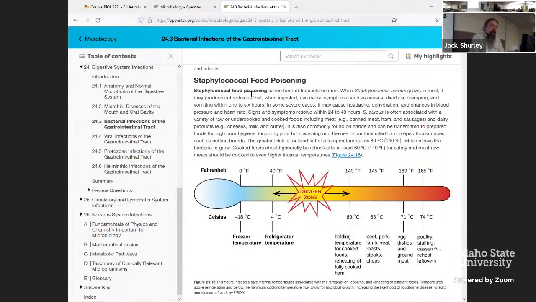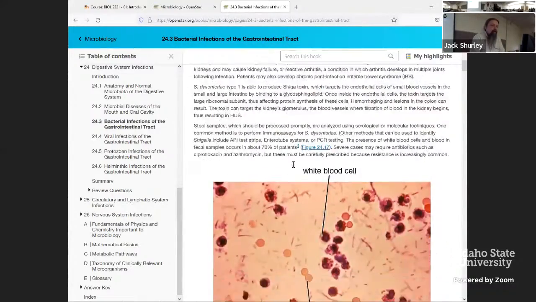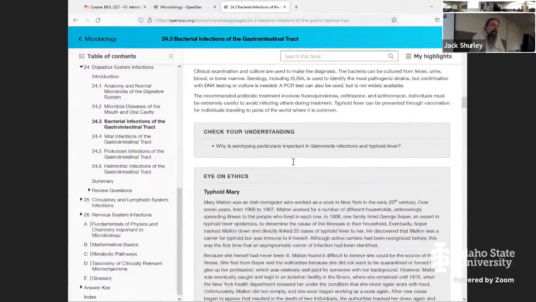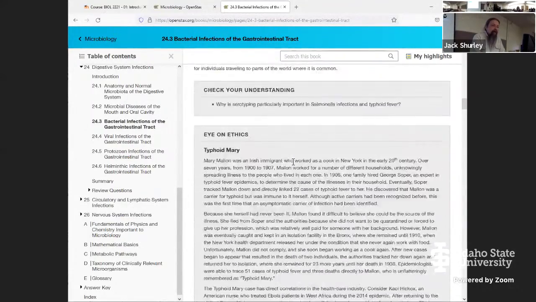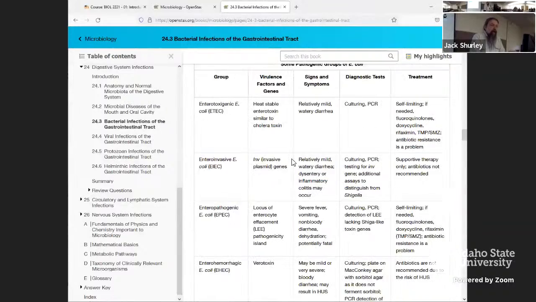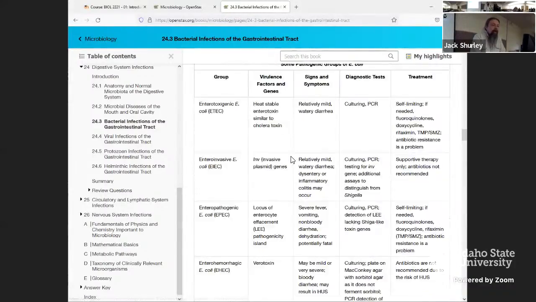Oh, there's my staphylococcal food poisoning. That fits right within here. I didn't mention my staph in there, but I sure should have. Oh, and typhoid Mary. Holy cow, there's so many good things in here. Oh, man, to the table. We'll come back to the E. coli and all of the different things.